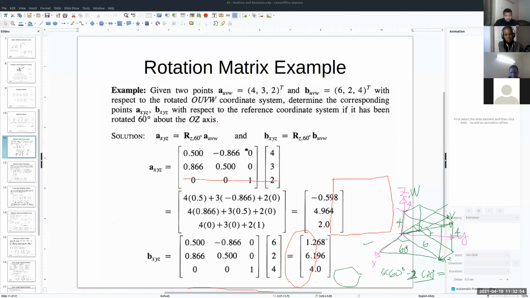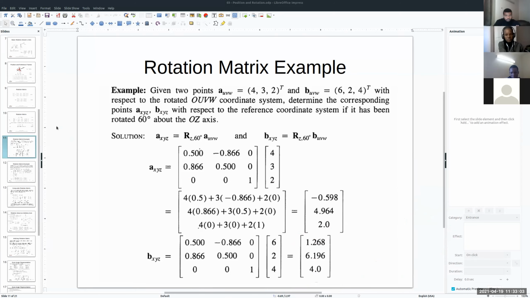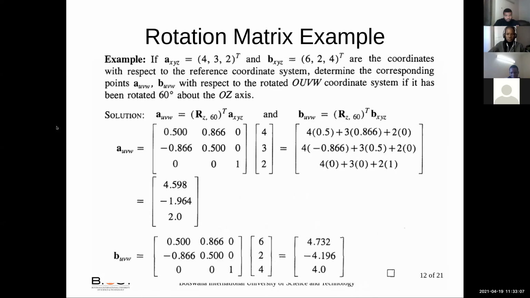Okay, so next, let's remove all the annotations. Okay, so here is another example.